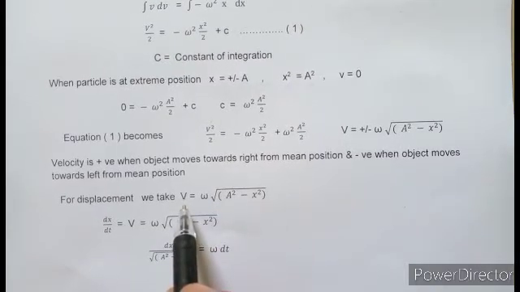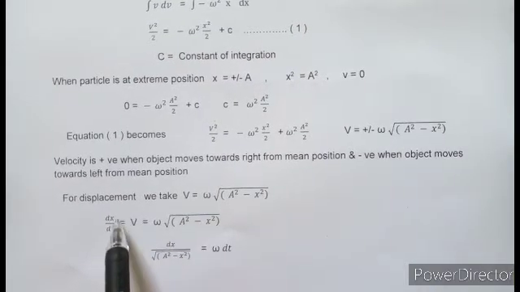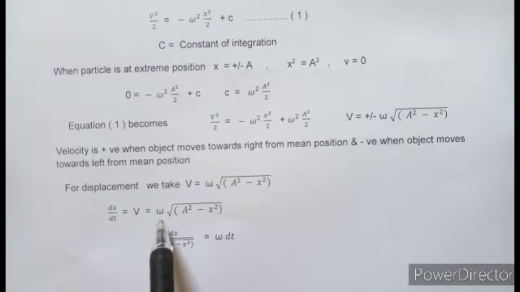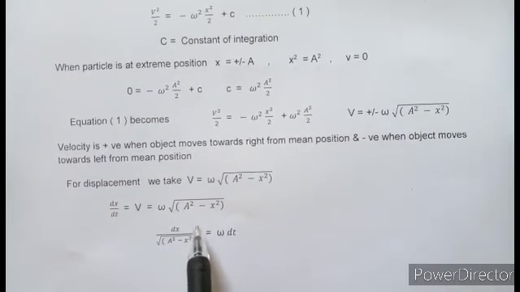We know the definition of velocity, that is the rate of change of displacement. So dx by dt is equal to omega in square root a square minus x square, taking a positive velocity.